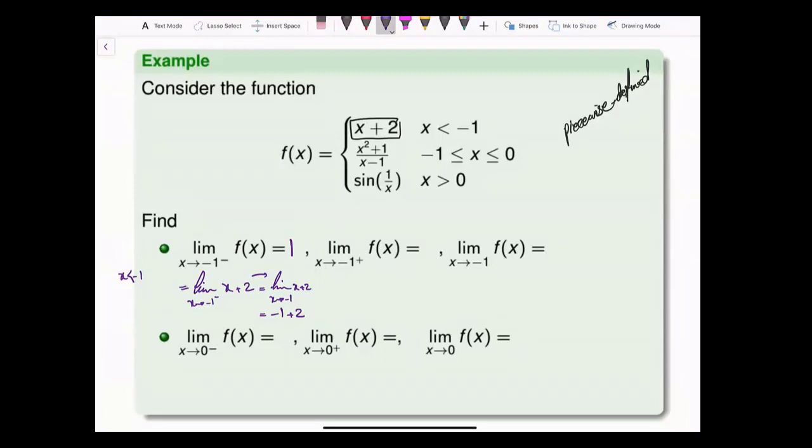I'll use blue so that, okay, I got 1 there. How about values of x which are approaching -1 from the right? So you see, we are approaching -1 with values bigger than -1. You may ask yourself, well, if something is bigger than 0, it will be bigger than -1. Should I take this one or that one?